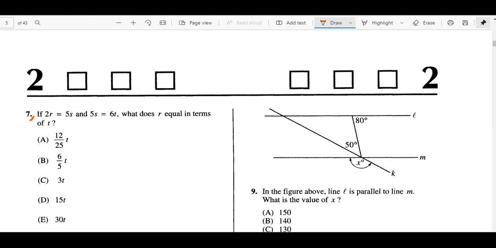I'll give you 2 minutes. It's very, very easy. You can do it in a minute, I'm sure. Okay, and what about you, Ishan?